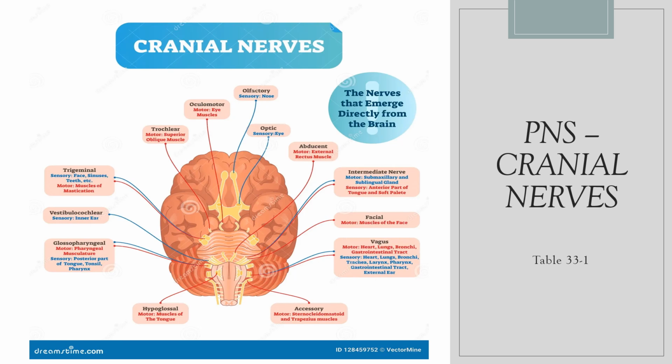Cranial nerve number 6 is abducens. That is a motor neuron function, and that one is involved in extraocular movements as well. Cranial nerve number 7 is facial, and that is mixed motor and sensory, and that one is in charge of facial expressions and then taste over some of your tongue.